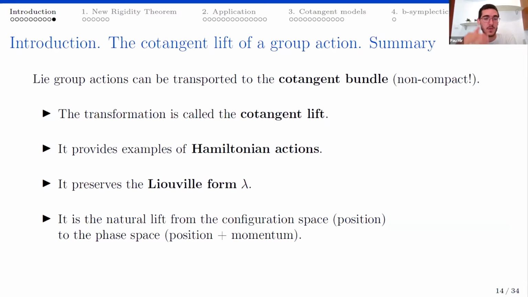It is a natural lift from the configuration space, so the position space in a physical problem, to the phase space, which takes into account position and velocity or momentum.